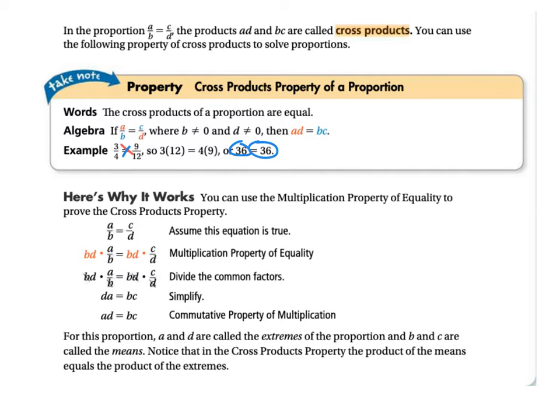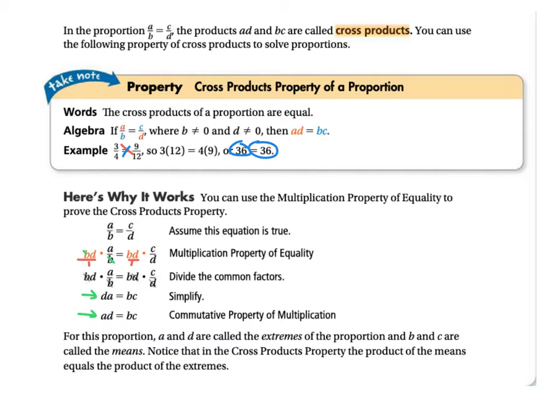Then what happens here is that you can cancel out the B from both, because this is kind of like over 1, right? You know that that's over 1 and that's over 1. So we multiply top times top, and the b's cancel out. So you can say, okay, that b cancels there and that b cancels on the bottom there, and you get d times a, otherwise known as a times d.